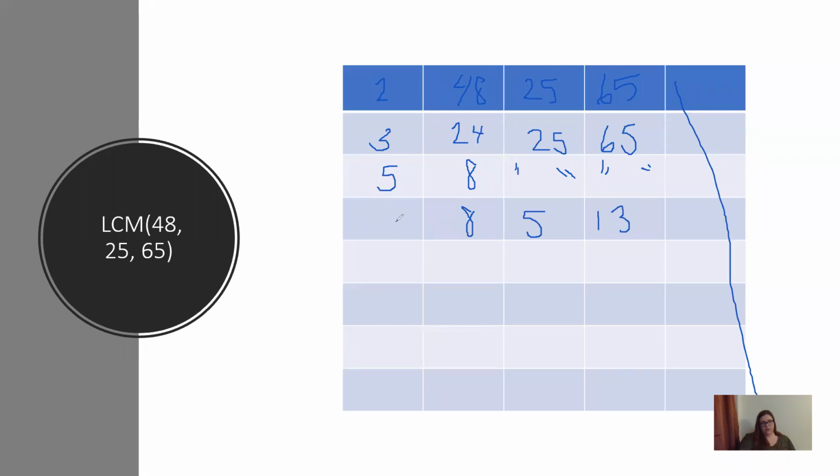Okay. Can't break these down anymore, so we're just going to break down the 8. So we're going to use 4. That's going to break that down to 2, and bring up 5 and 13 again. So those were the steps. So then you'll have 2 times 3 times 5 times 4 times 2 times 5 times 13.